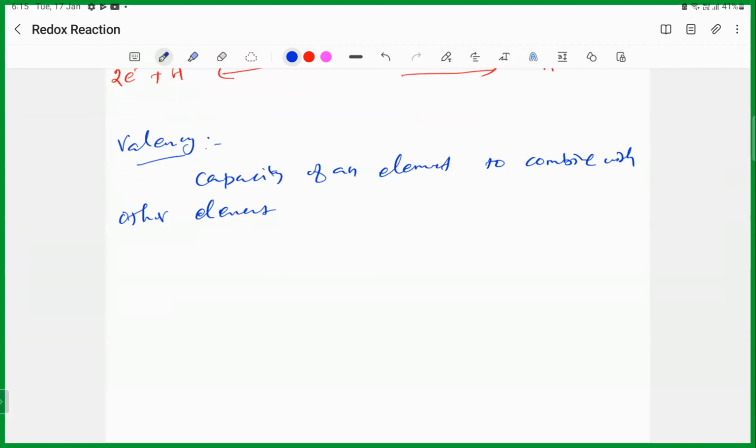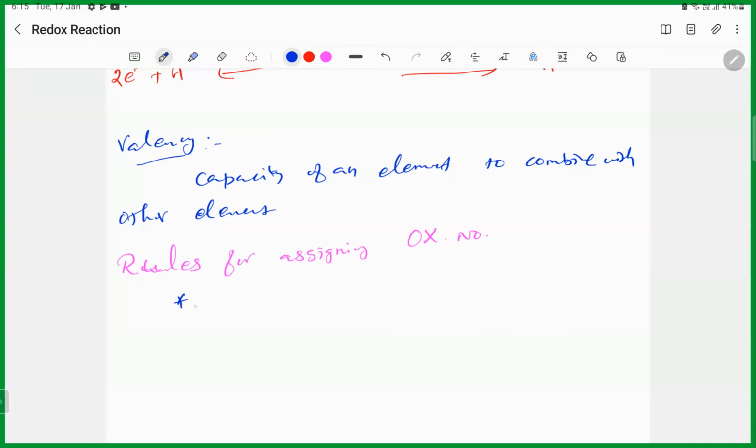There are rules for assigning oxidation number.